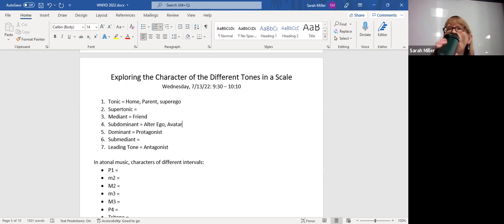What I was going to say is that I know that the supertonic works with pretty much every chord in a diatonic key. Yeah, because it's got that whole step on either side. We can have it be a seventh, a root, a third, a fifth, a seventh, a ninth.